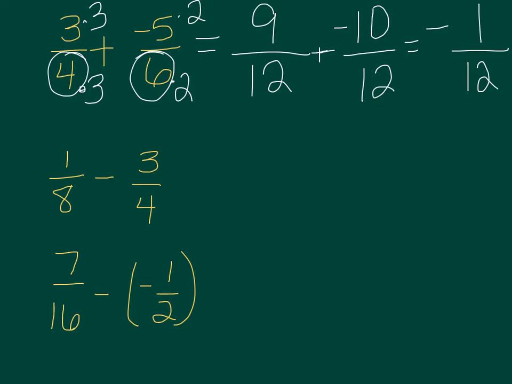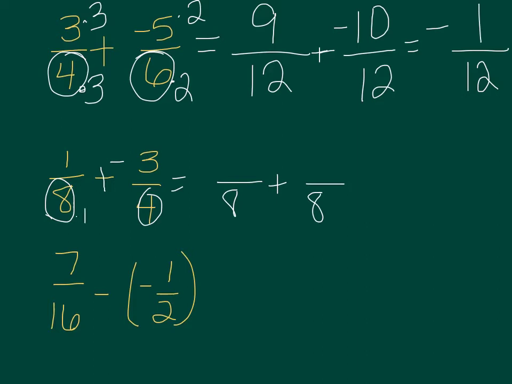Okay. Alright, the next one, this is a subtraction problem, but remember it's the same thing. If you would like, you can add the opposite. Okay. So the smallest number that 8 and 4 will go into is 8. Again, if you want, you can just multiply the two, but you will have to reduce later.